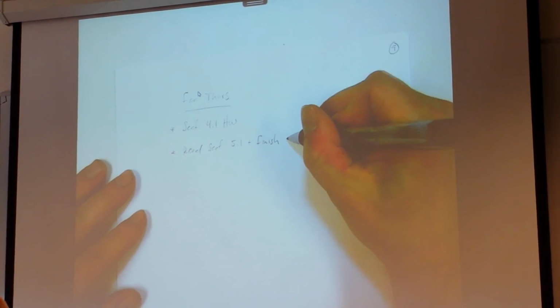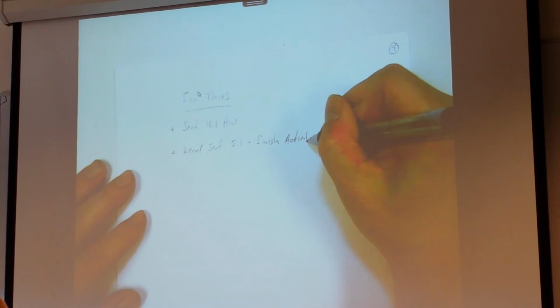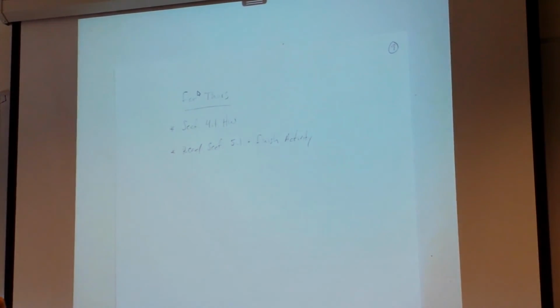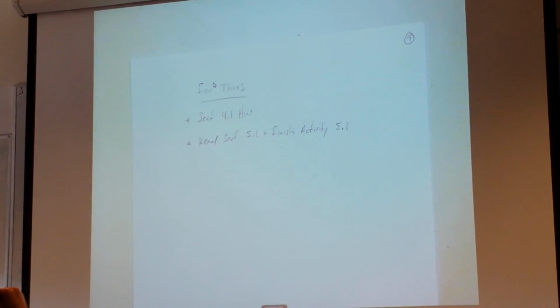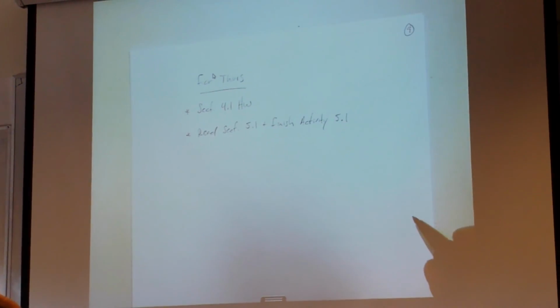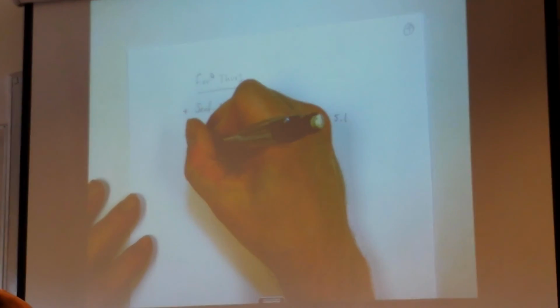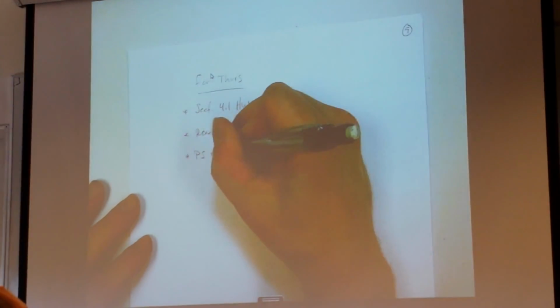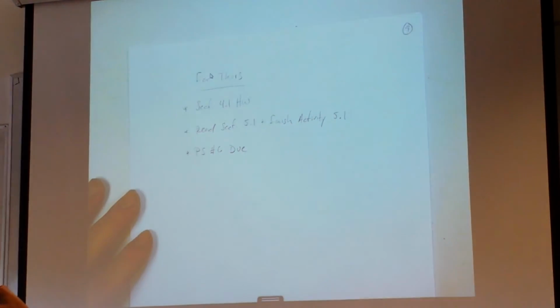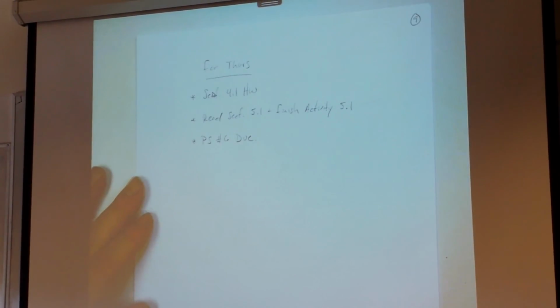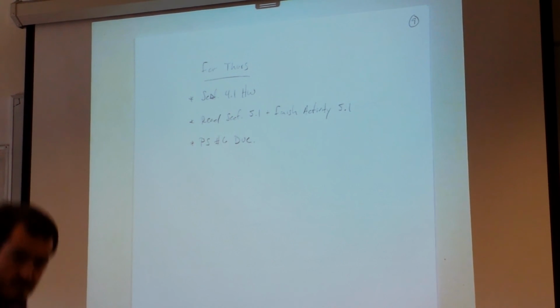Finish that activity 5.1. Work on that activity. Have matrix stuff and practice. Okay. And we do have a problem set due. Okay. All right. We'll continue with 5.1 next time.